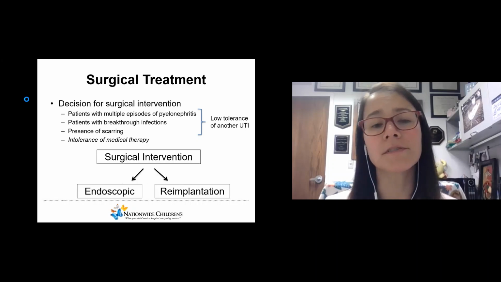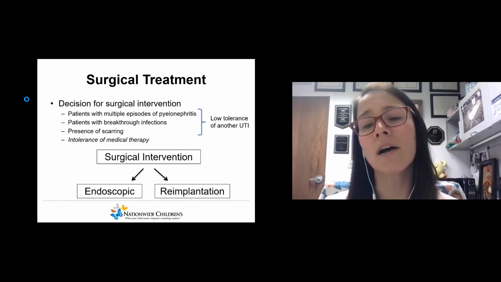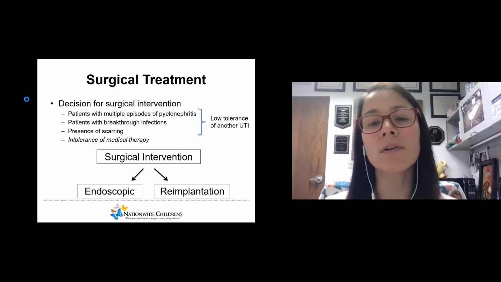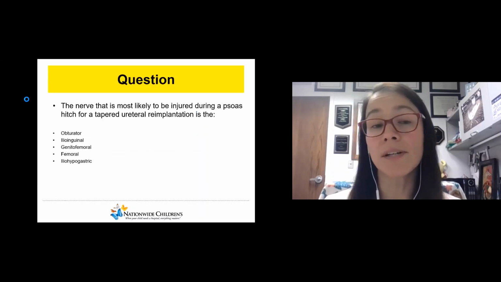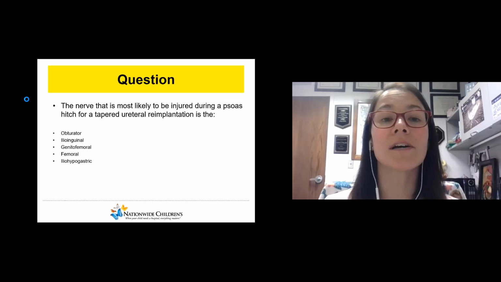There are two different types of surgical interventions that can be done: an endoscopic injection or reimplantation. That's a topic for a whole other lecture, so I'm not going to go into the differences or really compare the two. But I am going to give you an SASP question about the anatomy during a reimplant, so I'm going to let you answer that.